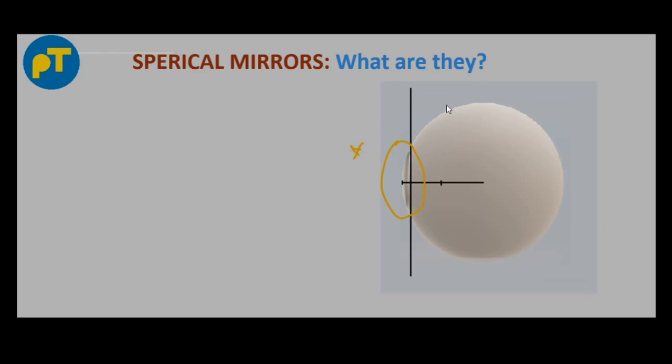Now it is a cutout portion of this sphere. This sphere will have a center, right? This center, with reference to this cutout portion, is called the center of curvature, and the point over here, which is the farthest from the center, is called the pole of the spherical mirror.